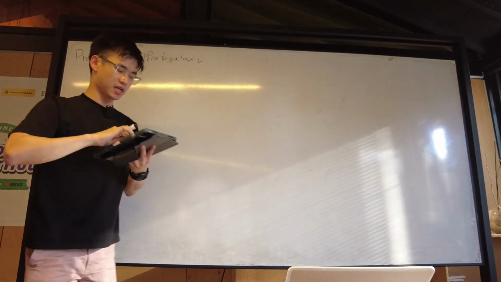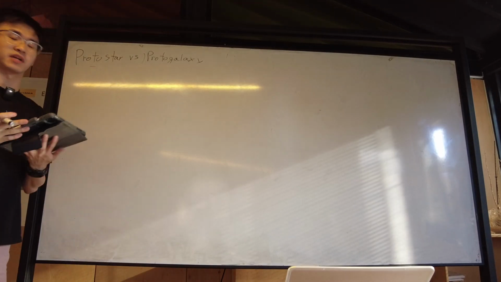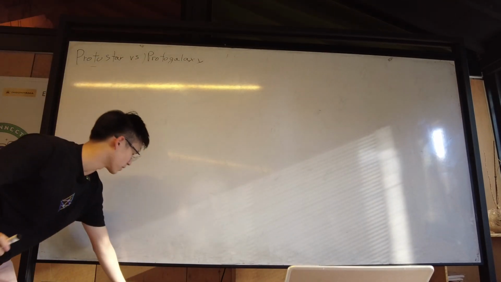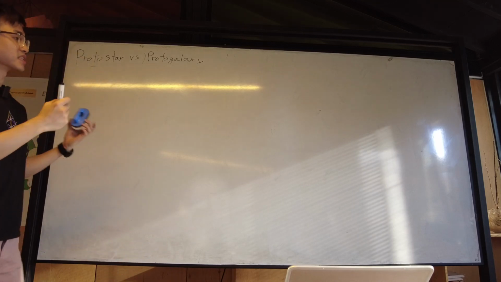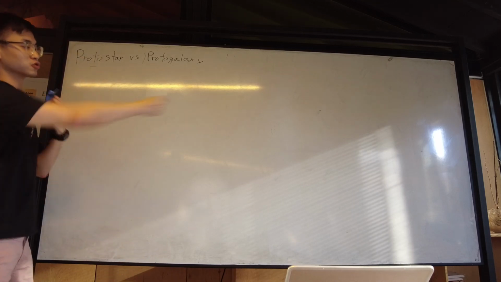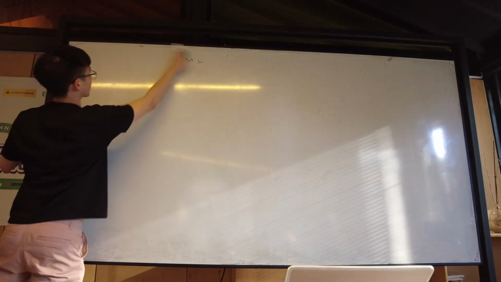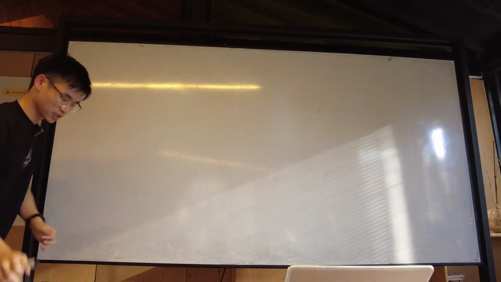I think the protocol itself doesn't look really hard, it's pretty straightforward. The intuition is that instead of multiplying a huge polynomial, you can just use Lagrange to point out each evaluation of the instance. So yeah, let's do Protogalaxy, right?